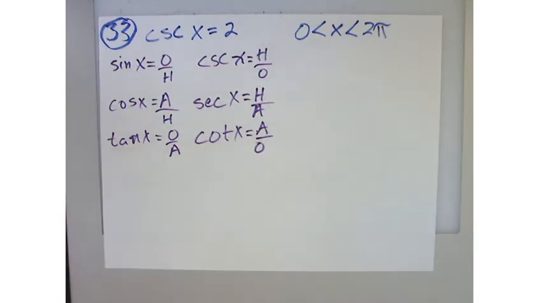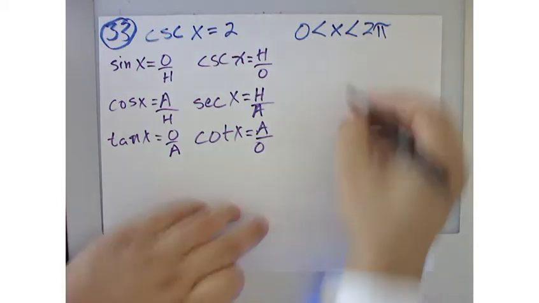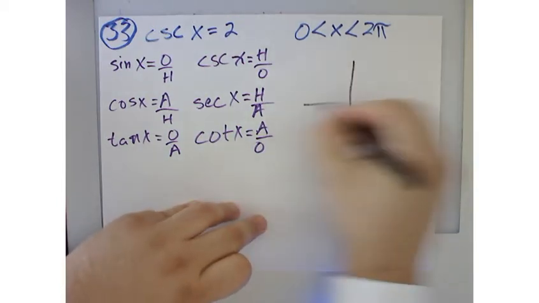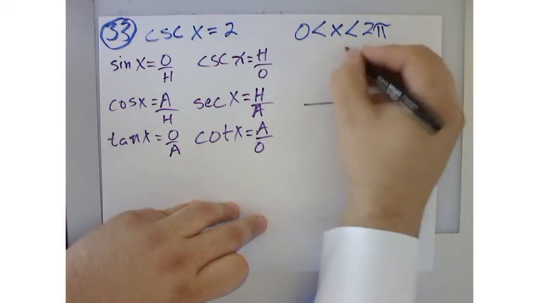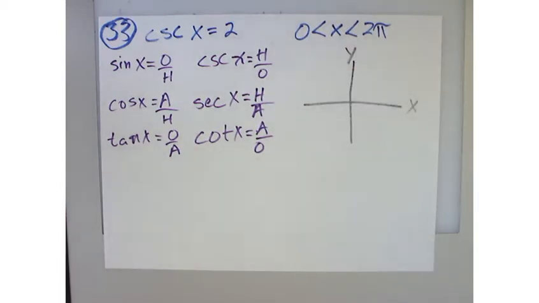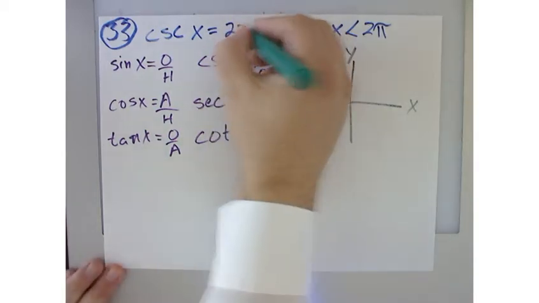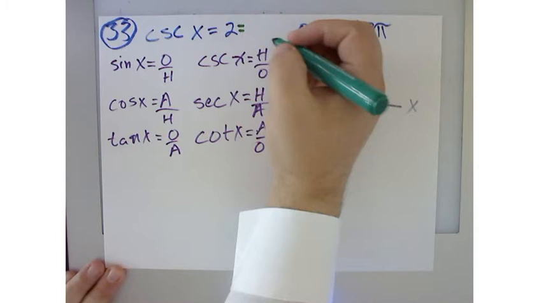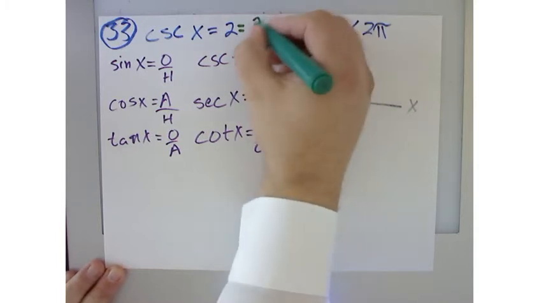All right. So this is what we need to know. Now, this is if we take that and we consider the XY plane. What we're looking at is really 2 over 1.